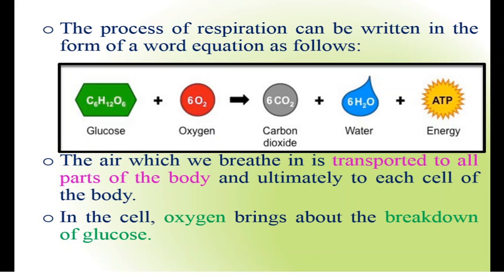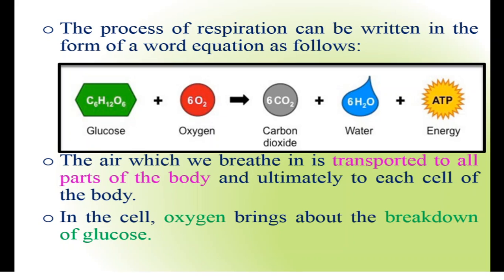The air which we breathe in is transported to all parts of the body and ultimately to each cell of the body. When we respire, the oxygen is transported to each and every part of our body. Our body is made up of many millions of cells.